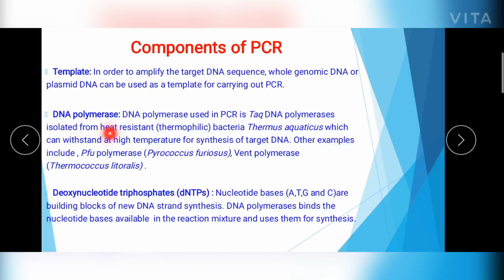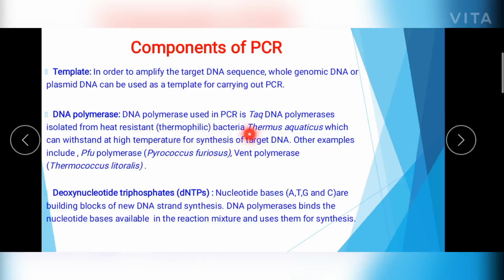Next one is the DNA polymerase. The main function of DNA polymerase is to promote DNA chain extension, and the polymerase which is used in PCR is Taq DNA polymerase. It is a thermostable DNA polymerase, and this enzyme has stability even at high temperature.